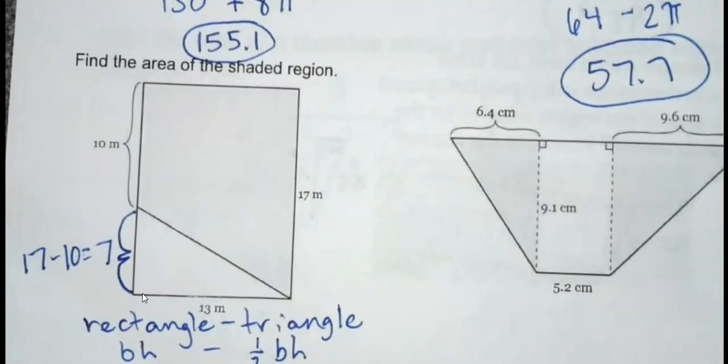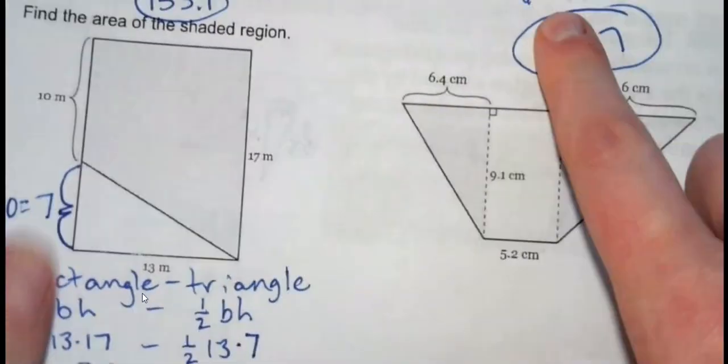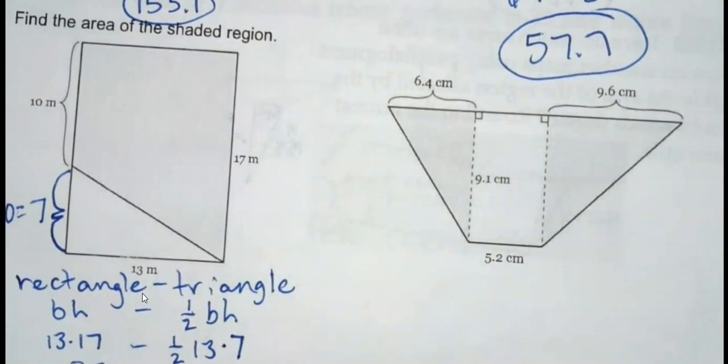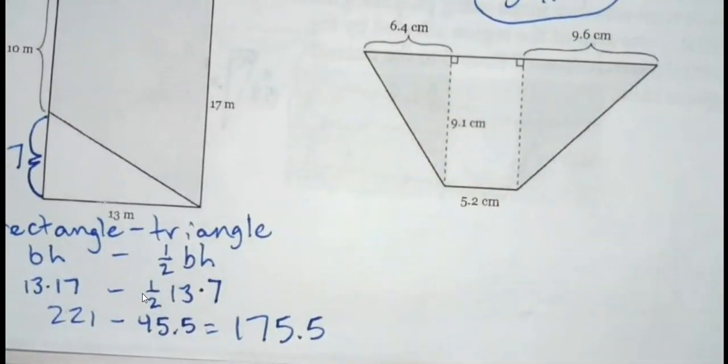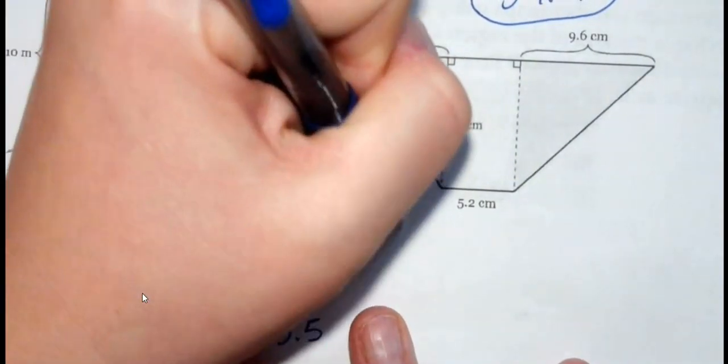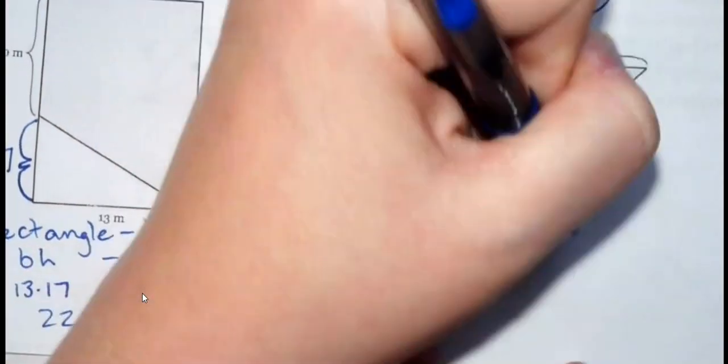And then same idea right here. You can take the trapezoid formula and then subtract the rectangle because you're wanting the shaded area, or you could just take the two areas of the triangle and add them together. Just use your best judgment on whatever you think is the easiest.